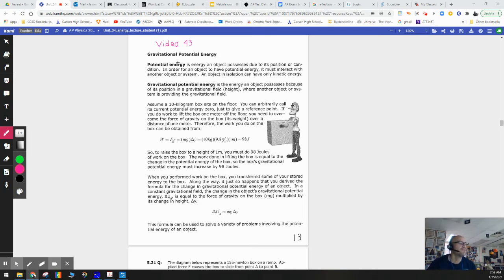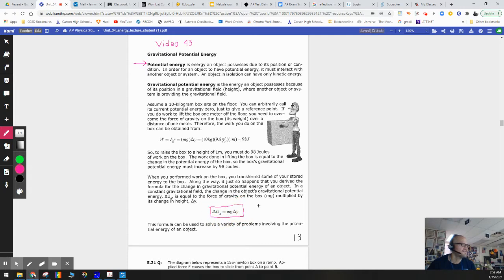And we want to take a close look at this, make sure you read this and we understand a little bit about gravitational potential energy. The only thing I would say about this is the formula here for gravitational potential energy, which is expressed right here.